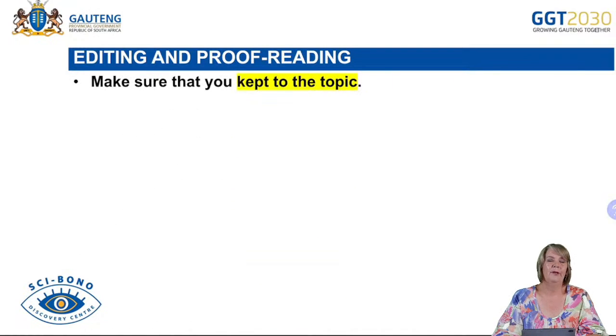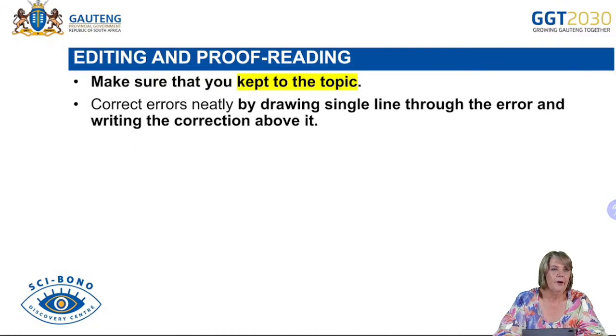Now we come to a very important aspect. Editing and proofreading. Make sure that you kept to the topic. Correct errors neatly by drawing a single line through the error and writing the correct word above it. Sometimes we get ink happy and you want to make sure that people see that you have actually changed that word or corrected it.